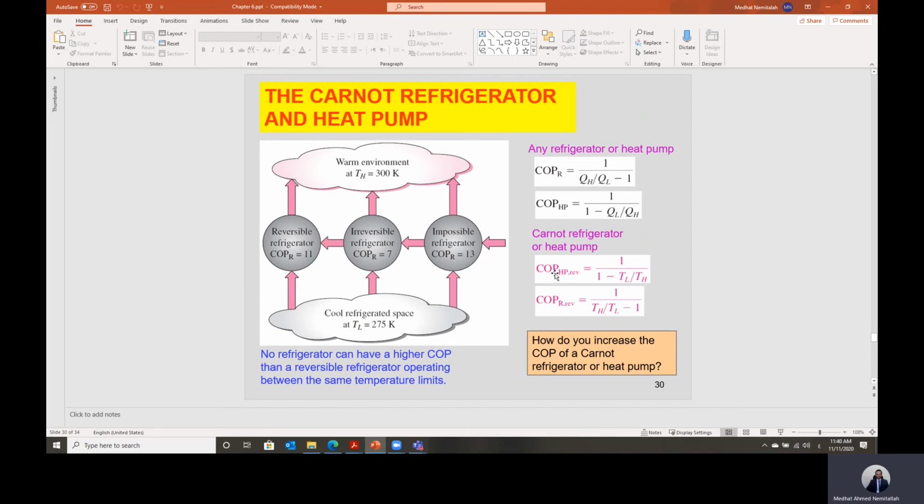Like this, also the air conditioning system, it is not advised to reduce the temperature of the air conditioning system to a very low value. It has to be a reasonable value, because as you reduce the value of T low, the temperature inside the evaporator, it will require more work input to the compressor, and it will require more electrical power.